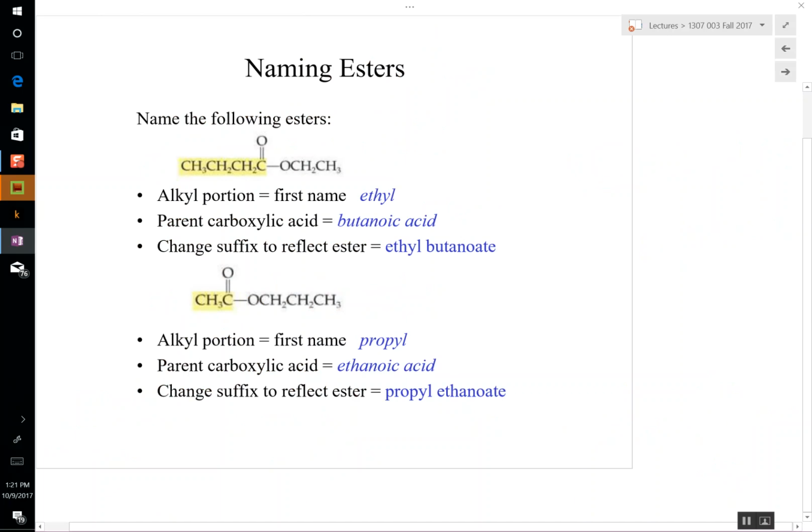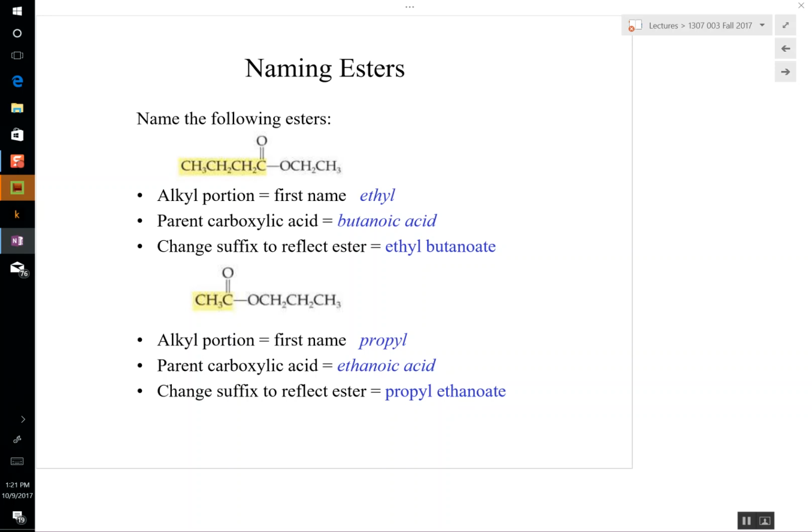This is just showing a little bit more about the naming. Look at this name. Let's go backwards from this name back up to that molecule. We've got ethyl butanoate. I see that name right there, butanoate.